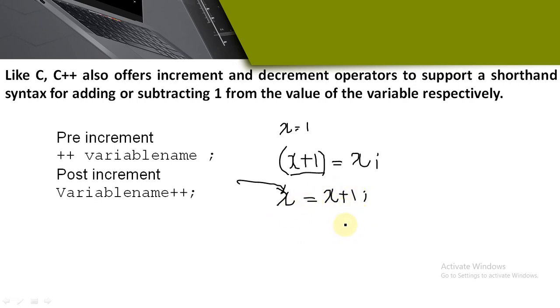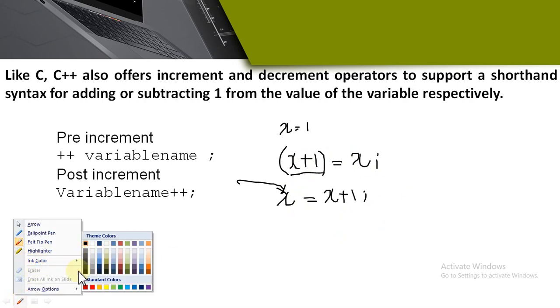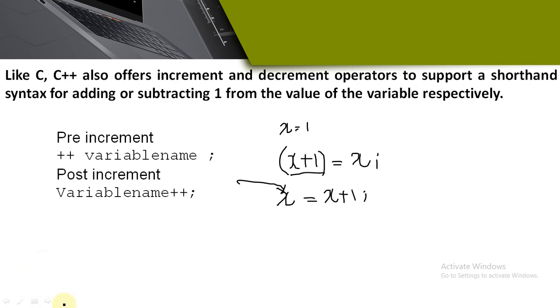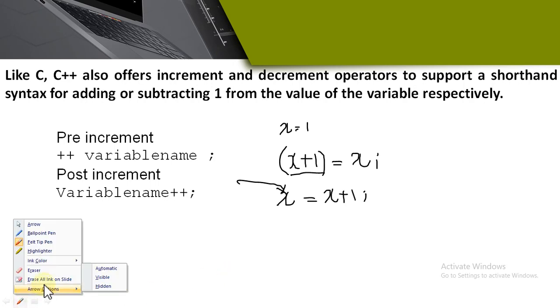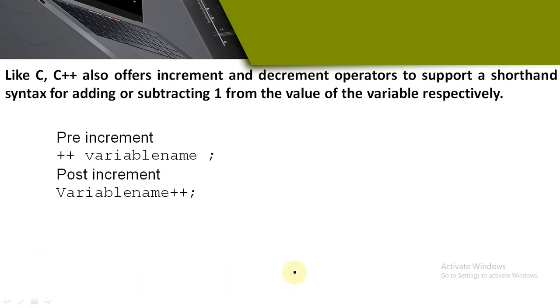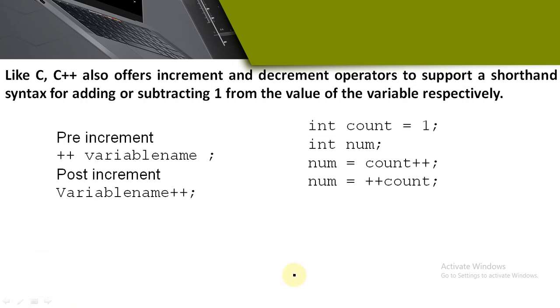Okay, succinctly, if they appear aloof, there is no change. x plus plus or plus plus x, they mean one and the same. Whenever they are involved in a main big expression, then the meaning of x plus plus and the meaning of plus plus x will completely change. It should be carefully evaluated.